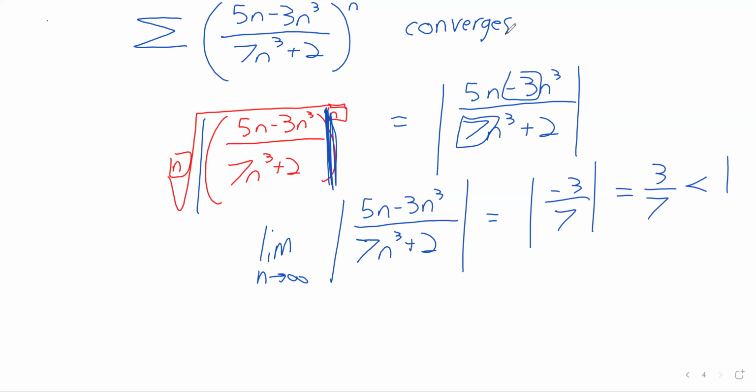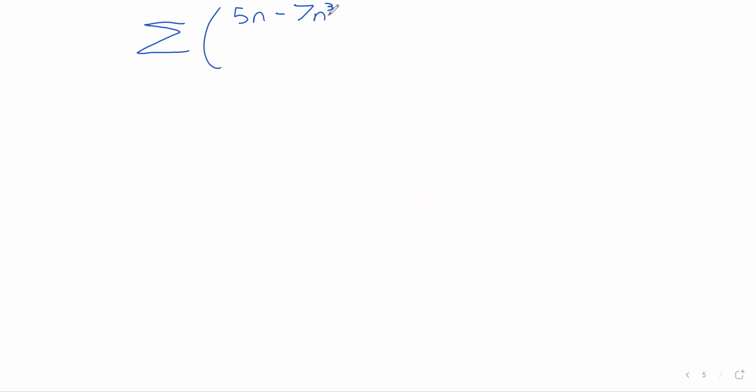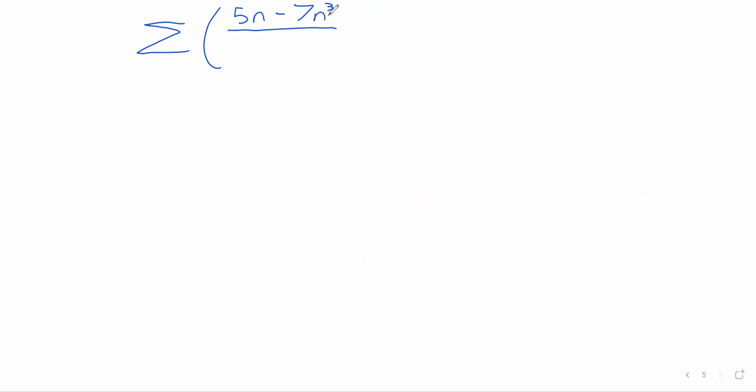If we had 5n, let's just take this and tweak it a little. Let's put the 7 up here and the 3 down here.